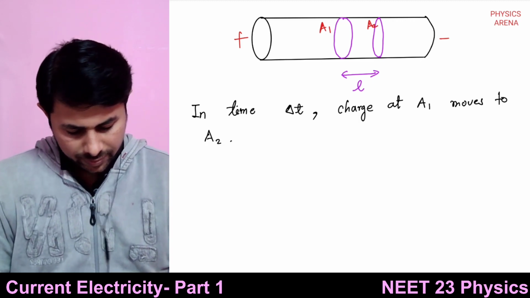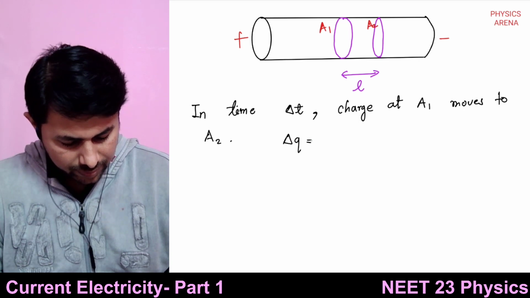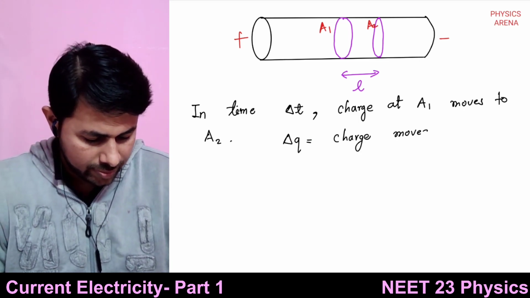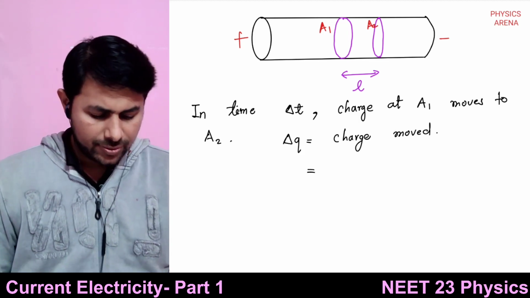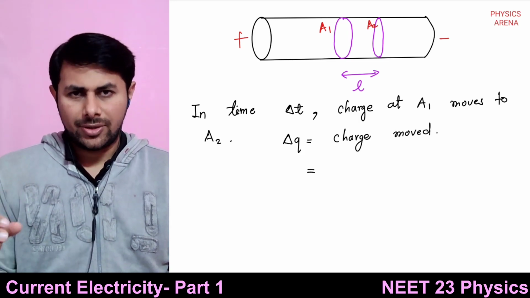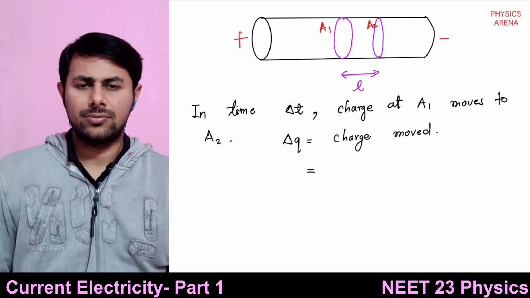Suppose delta Q is the charge moved. So how much would be delta Q? Can I say it will be number of electrons per unit volume multiplied by this much volume?